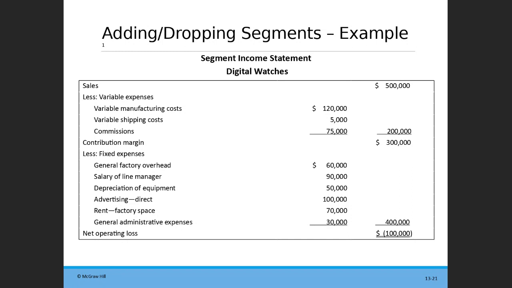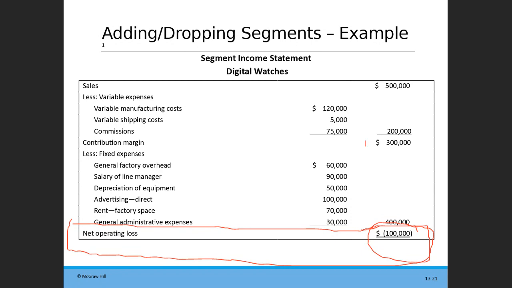Because if you just look at the segment and its net operating loss, they have an NOL of $100,000. If all you look at is the segment and its income statement, you're going, oh, get rid of these watches, they're losing us money. But let's remember, some of your fixed expenses are for capacity, and you can't get rid of them just because you get rid of these watches.